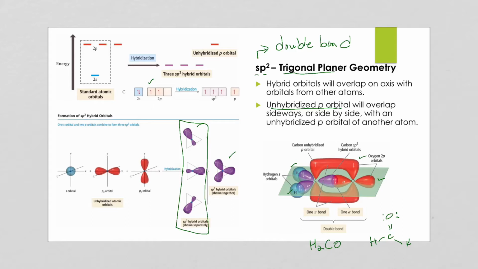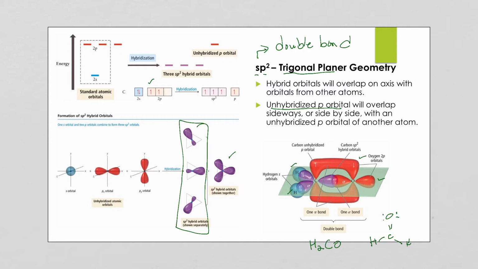So now we have this unhybridized p orbital on carbon with one electron. What does it do? Remember, we have a double bond here. To form the other part of a double bond, we can't form two bonds in the same place. The second pair of electrons that we share can't occur in the same way.